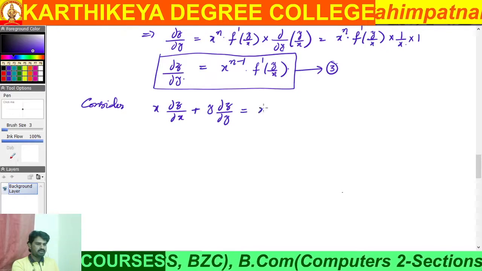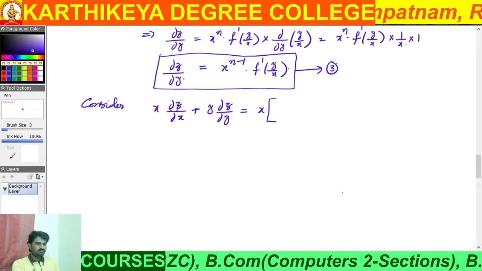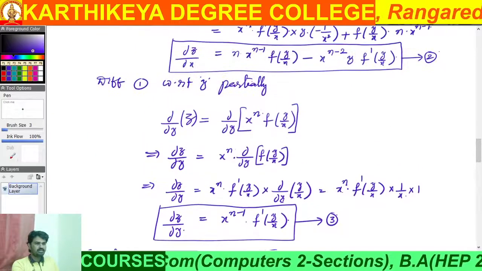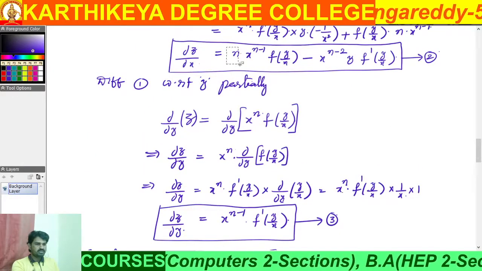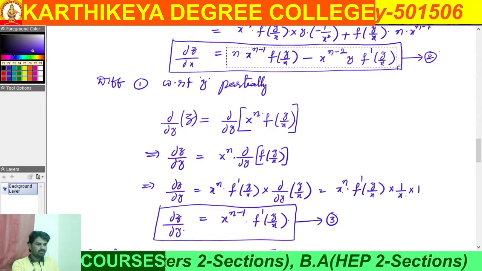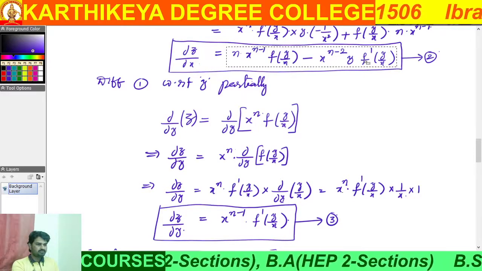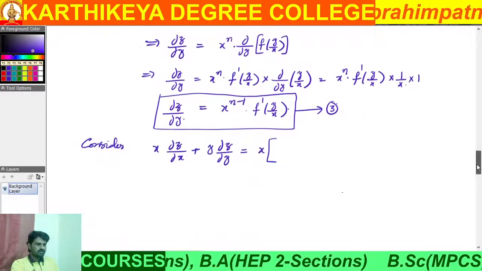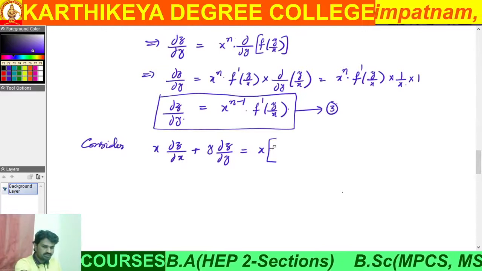Now you can write x into dou z by dou x. You are going to write the dou z by dou x answer here, so this value can be substituted in this one.